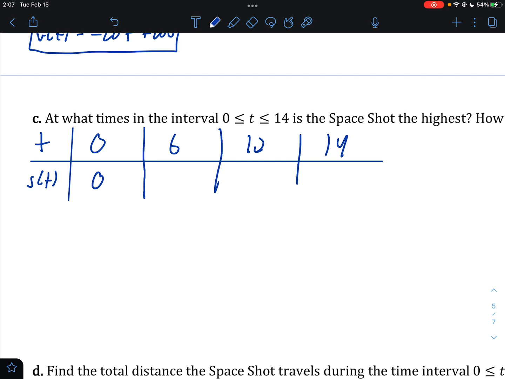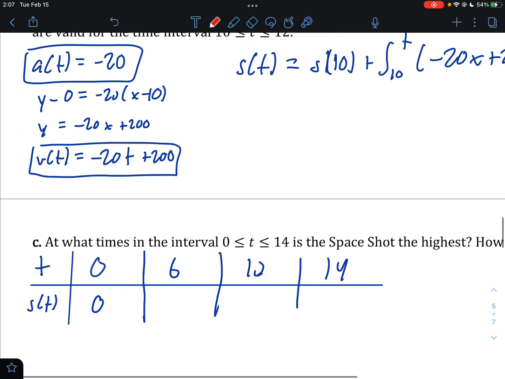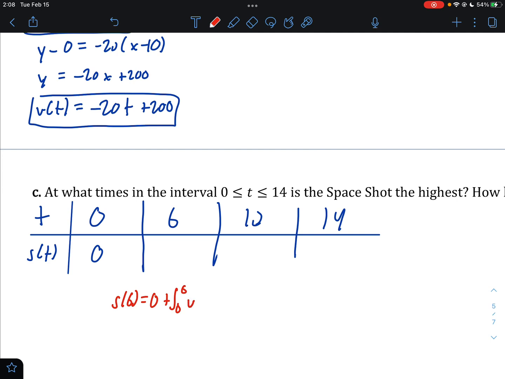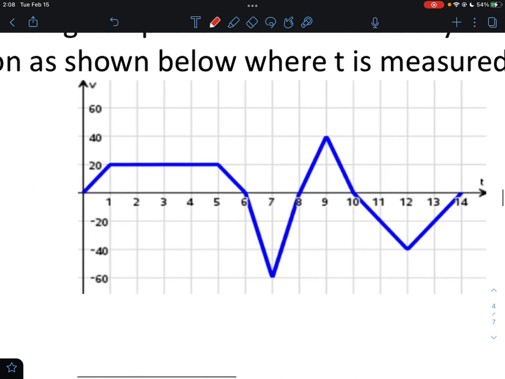The height at 6, we're going to use that integral that we just came up with on the last slide, but instead we're going to go with 0 as our starting point. So s of 6 equals 0 plus the integral from 0 to 6 of v of t dt.